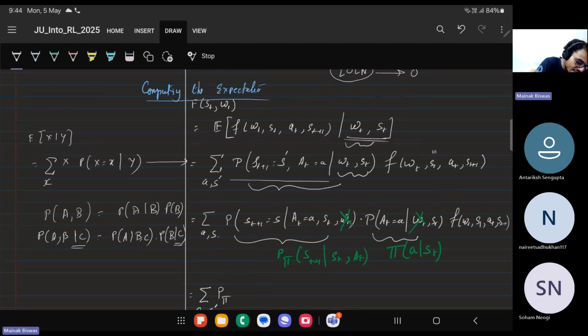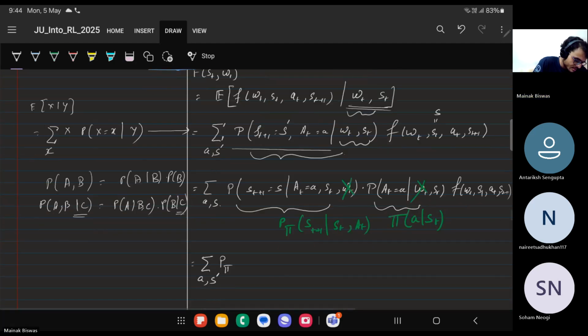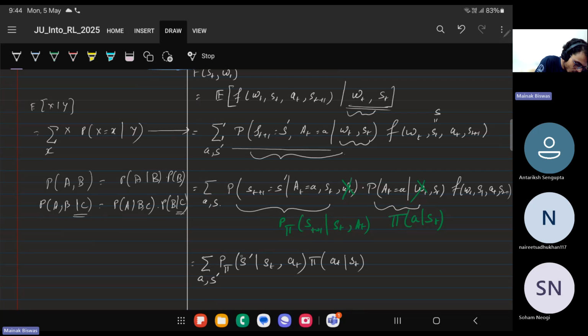S I will write as S. Okay, this is not a problem. So S prime given ST comma AT into pi of AT comma ST. Leave it, I'll just write it in this form.